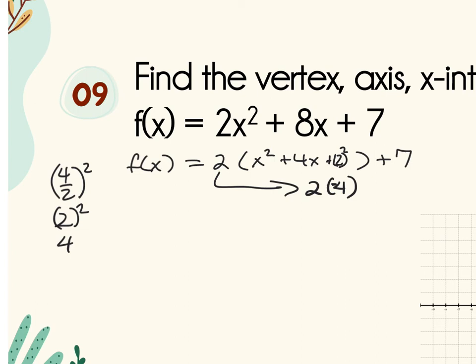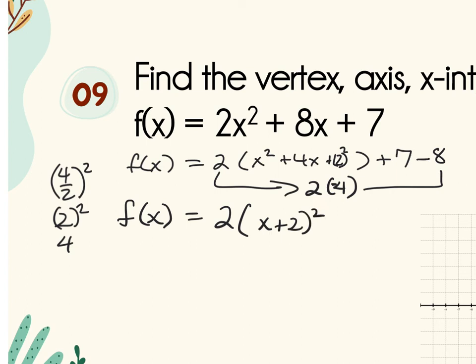I would really be subtracting 4, so 2 times negative 4. Now what goes here is negative 8. Now I can factor my perfect square, and it becomes x plus 2 squared. And now I need to combine 7 minus 8, and that gives me negative 1.